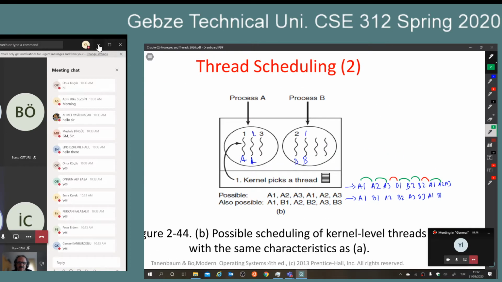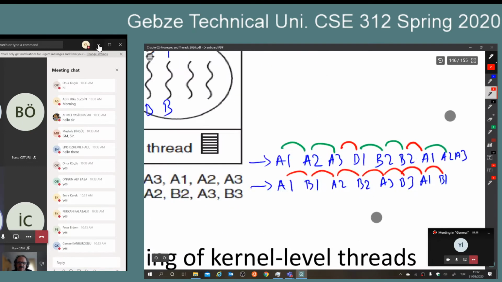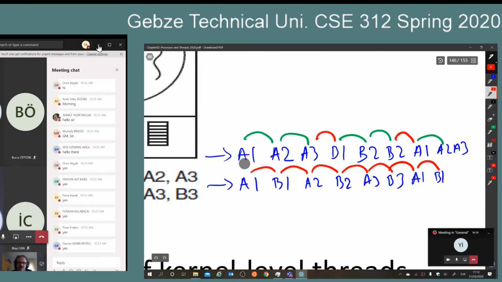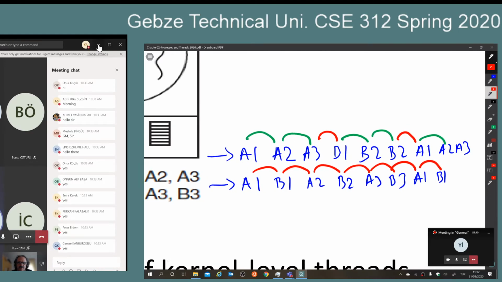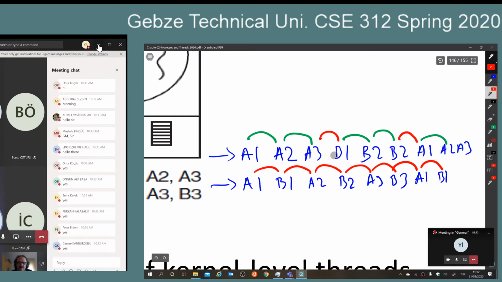With the second one, it is all red. Of course, there is a cost of switching from A1 to A2, because you still need to save your registers, your stack pointer, your program counter, etc. But it is not as expensive as switching from A3 to B1.